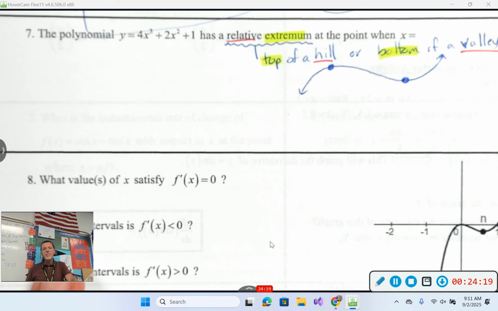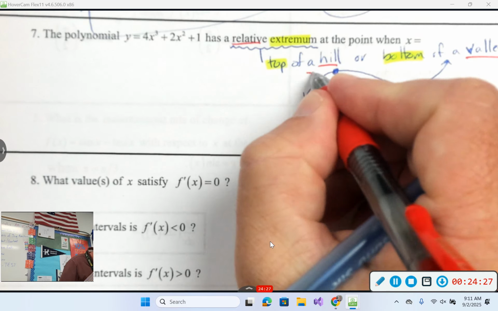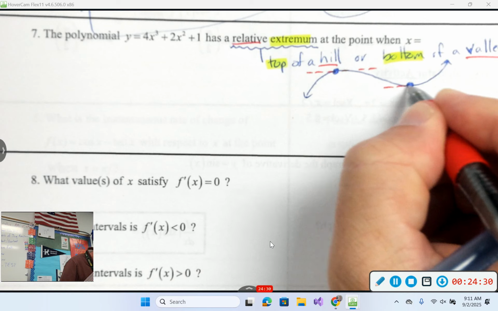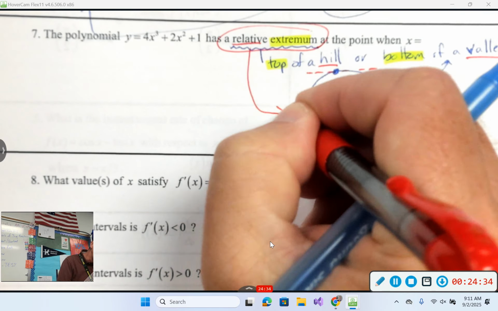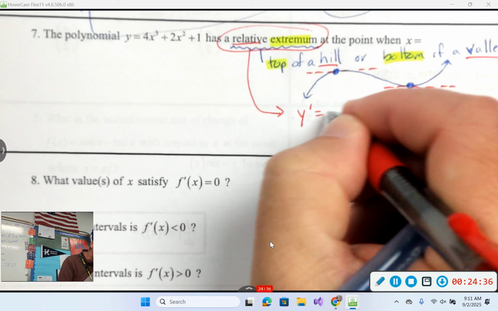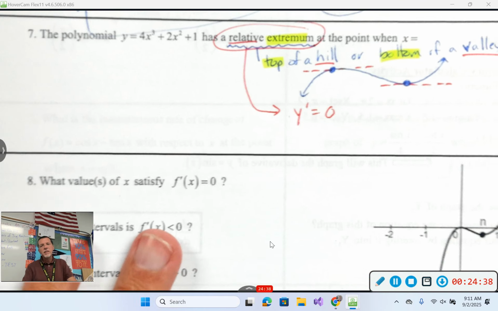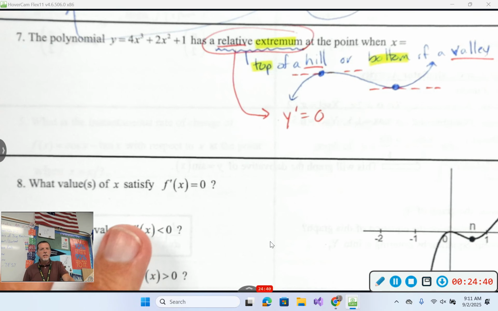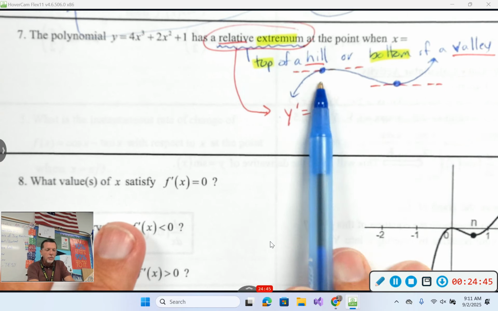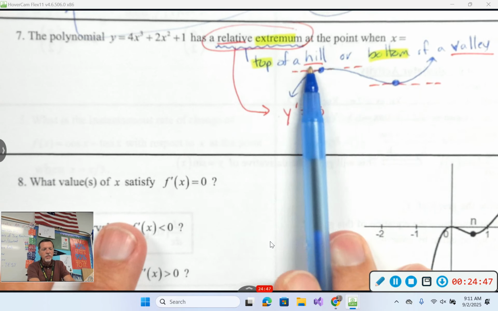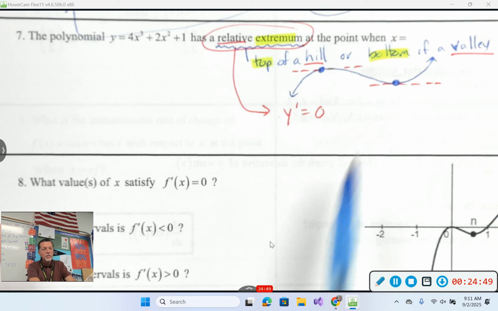If I drew the tangent line at those two spots, what would their tangent line look like? Yeah, their slope would be 0. So relative extremum, y prime equals 0. Because the top of a hill is a flat spot, at least the derivative is 0, and same thing for the bottom of a valley.